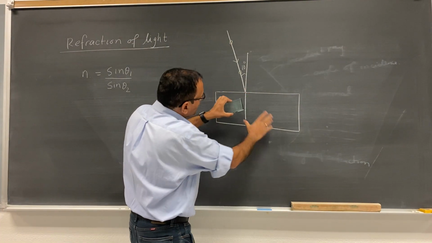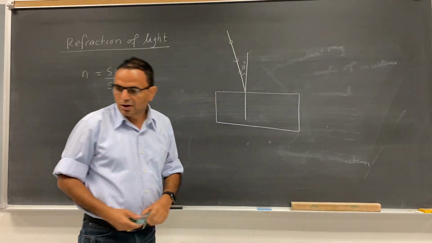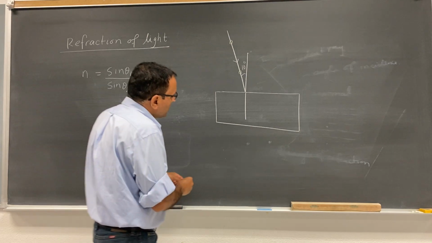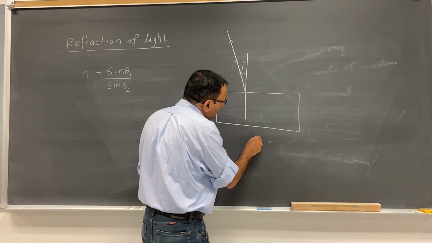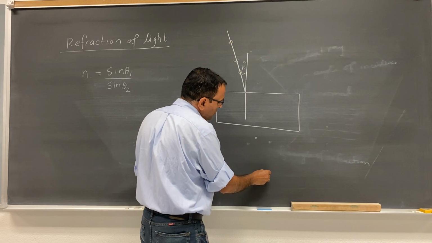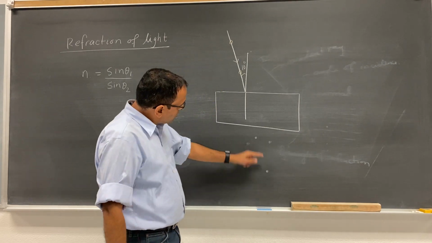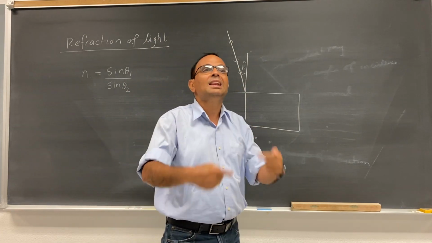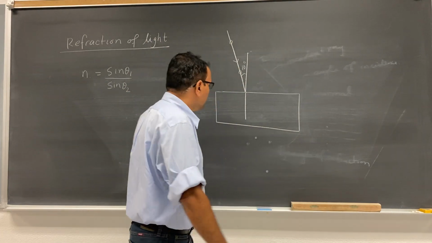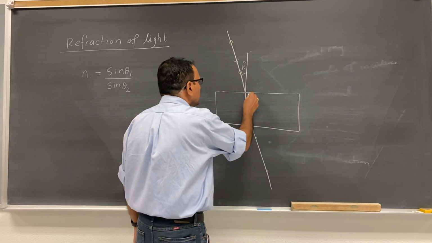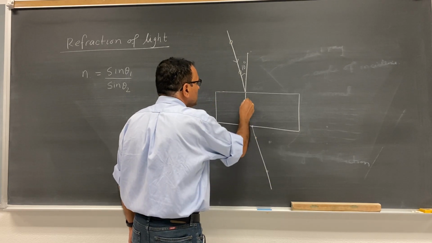Because this whole thing is a glass slab, you keep one pin somewhere there, another pin somewhere there. If you look from this side, all four pins must line up in a straight line. And first, join this line and this point and this point.